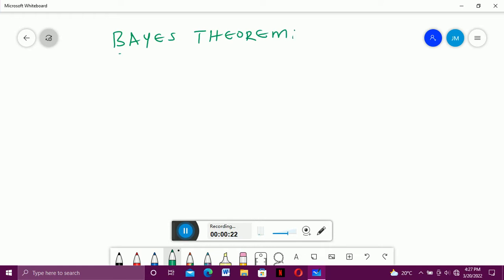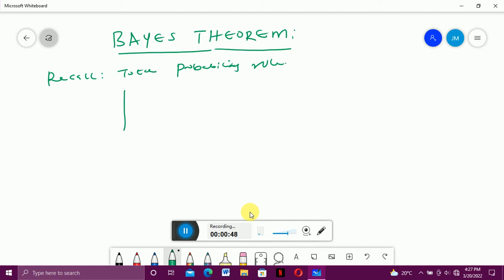Now you remember we said that Bayes' theorem is related to the total probability rule. So we start by recalling the total probability rule.